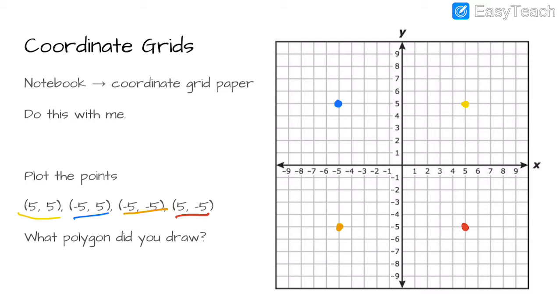All right, and then we're going to connect our dots as best we can, following our lines. And you can go ahead and write what polygon did you draw here down on the bottom.